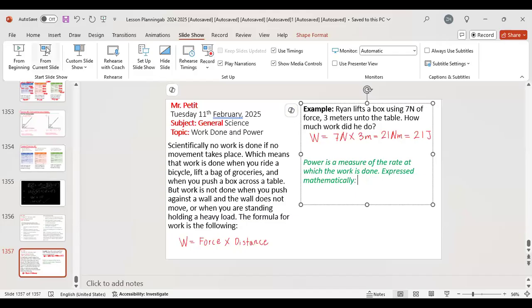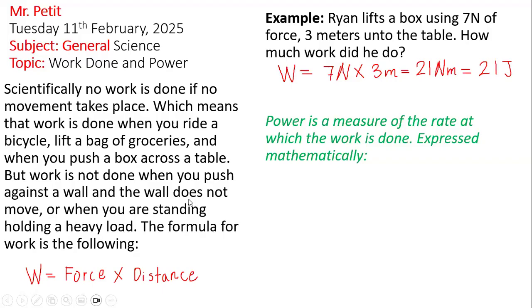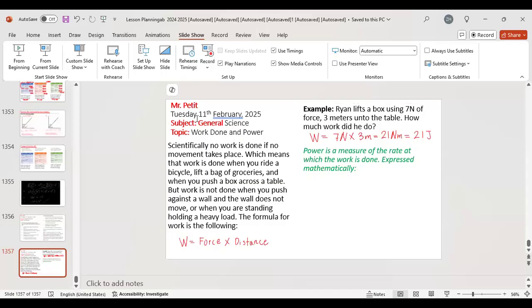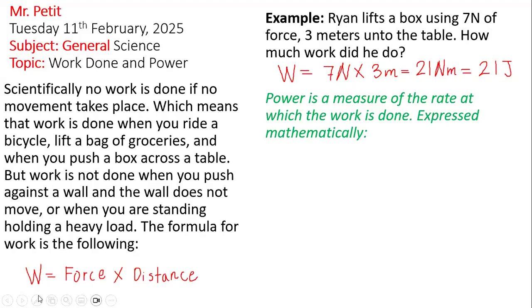So power is going to be equal to work over time. Power is measured in watts, and power is the rate at which work is done. So how much work is done? We express it as a ratio. We know work is measured in joules.